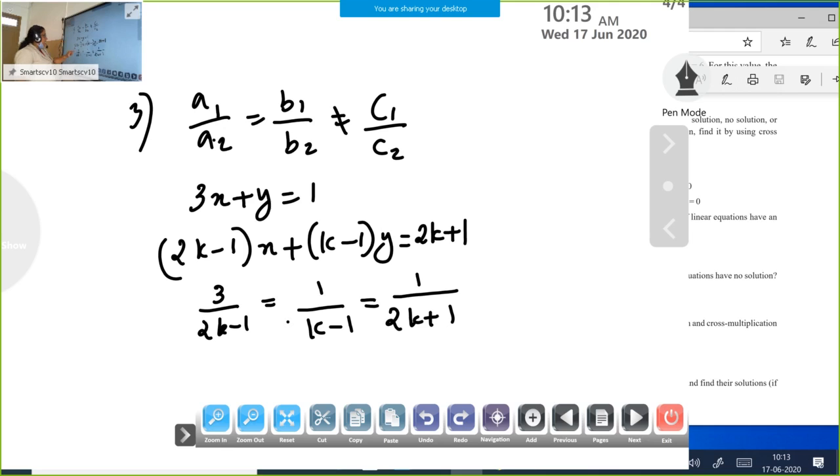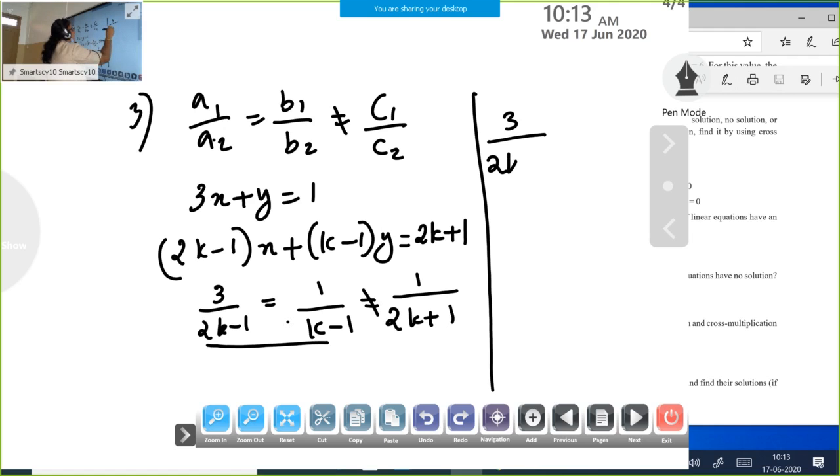Here a1 is 3, a2 is 2k minus 1, b1 is 1 and b2 is k minus 1, c1 equal to 1 and c2 is equal to 2k plus 1. First we compare these two: 3 divided by 2k minus 1 is equal to 1 divided by k minus 1.